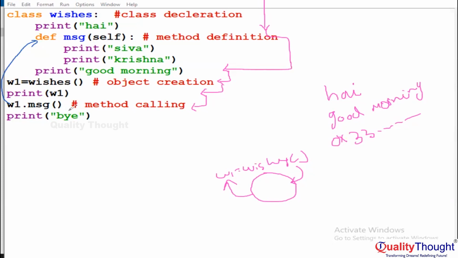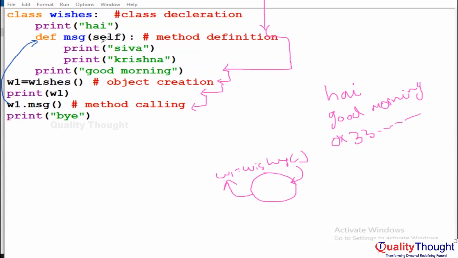But at the time of calling the method, we are not passing any value. By default, what is W1? W1 is a reference variable which holds the hash code. That hash code itself is passed to the default parameter of our method.